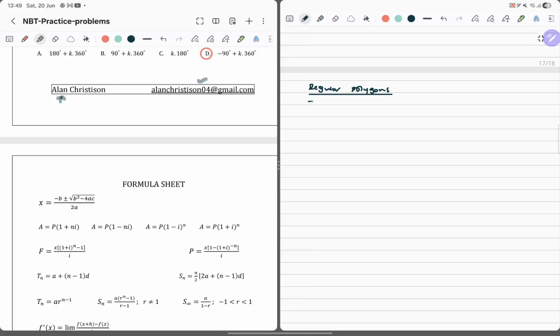Now, in a regular polygon, these are the properties here. All sides are equal, and also all angles are equal. So this is very important. And the most important is that these are inscribed inside a circle.